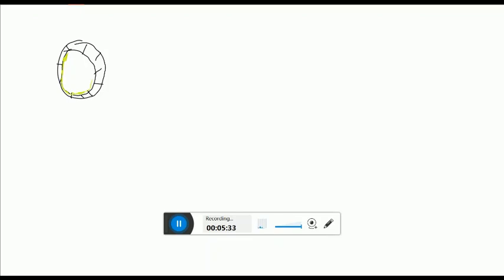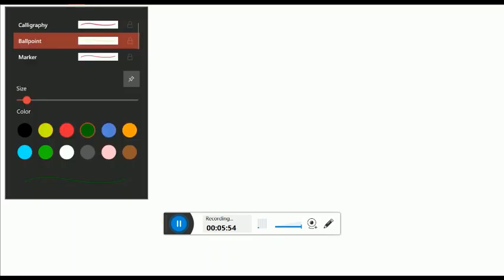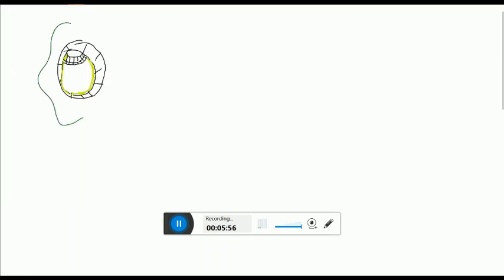This light green is exocelomic membrane. The first layer is epiblast. The second layer is hypoblast. And this is our syncytotrophoblast.